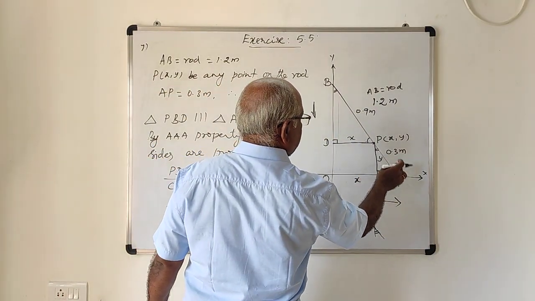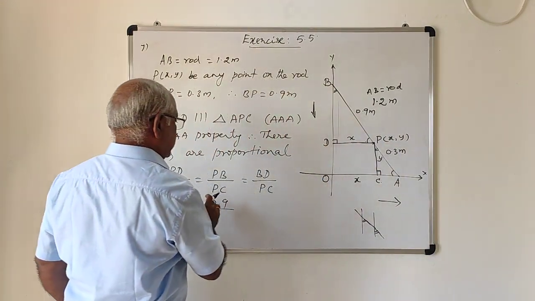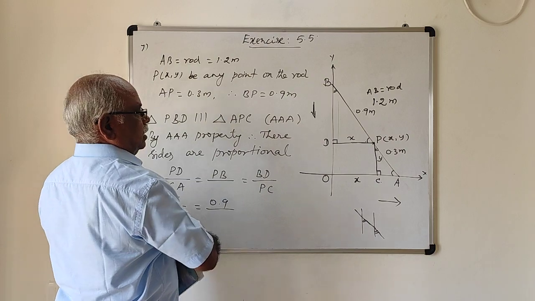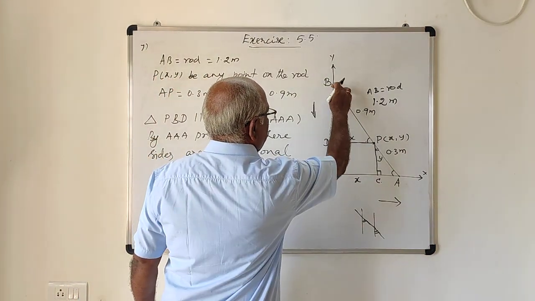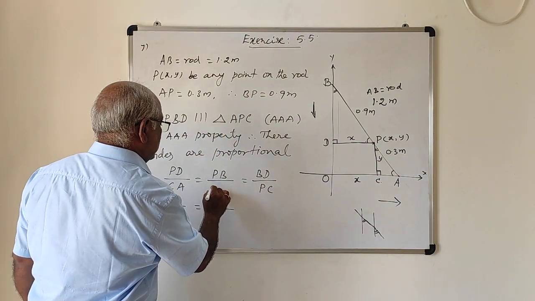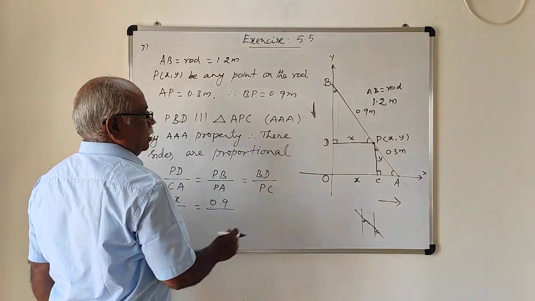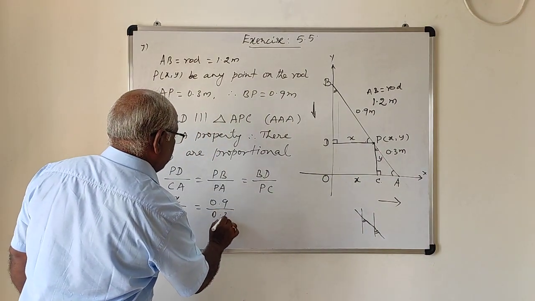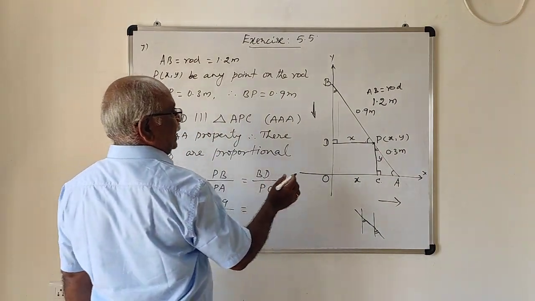The side opposite is AP. PB by AP, I'm sorry. The hypotenuse for this triangle is PB, the hypotenuse for the other triangle is AP or PA. PA is 0.3 meter, equal to BD.